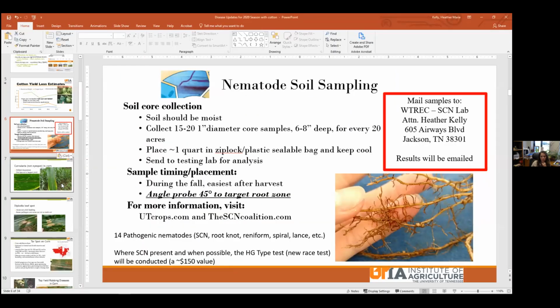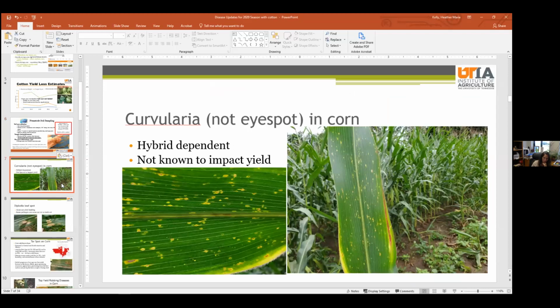And so now, sorry about that, jumping back into corn, 3 of the newer diseases that people have been seeing and talking about in corn. One is curvularia. This looks very similar to eye spot, which will be found further north in the corn belt. But in our area and going south, most likely it's usually curvularia.